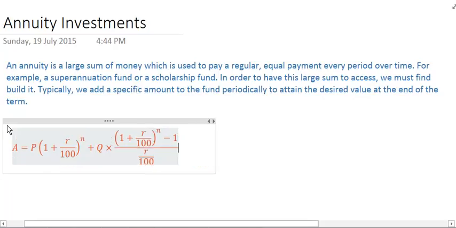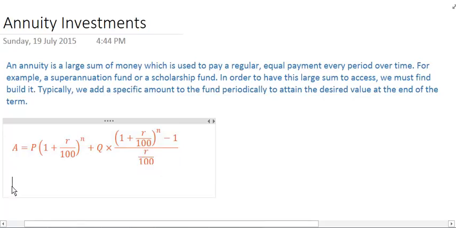So this is what our equation will look like in the end. It's got the two components. The first component is the amount just due to interest on the initial amount. And then this second part, the Q, is our deposit. This accounts for both the deposit and the interest accrued on the deposits.